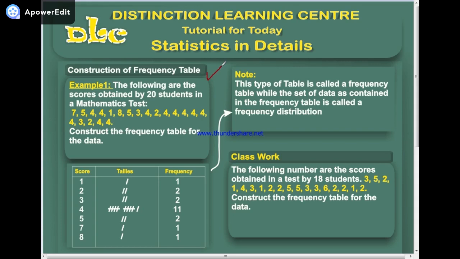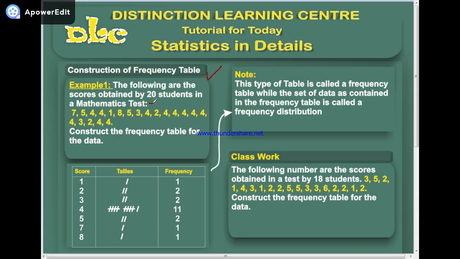Now, let's explain this particular section with an example. This we should call example 1. The following are the scores obtained by 20 students in a mathematics test.